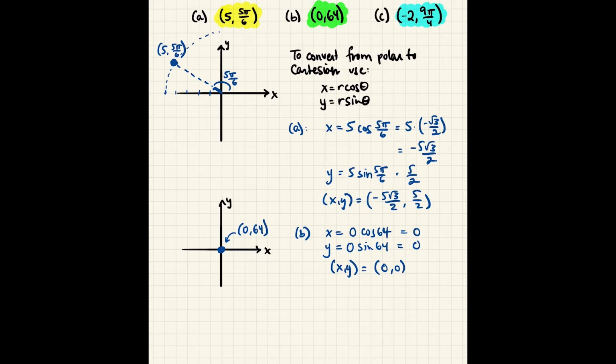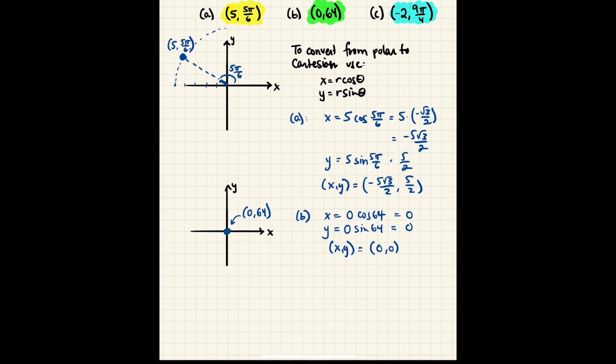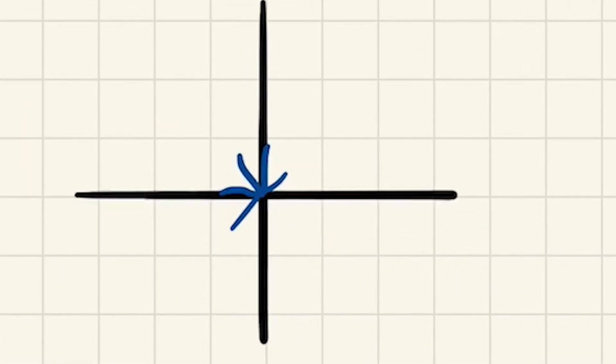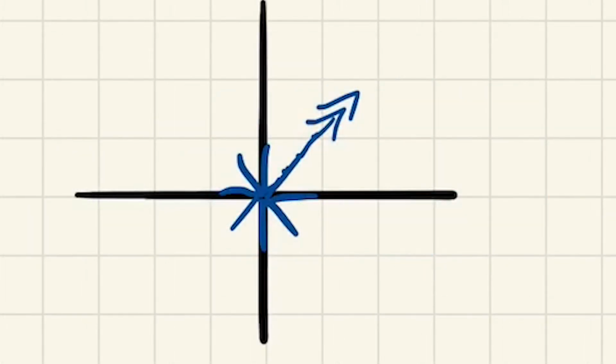All right, and finally, the last point is negative 2 comma 9 pi over 4. So 9 pi over 4 is, there's pi over 4, 2 pi over 4, 3 pi over 4, 4 pi over 4, 5, 6, 7, 8, and 9 pi over 4. So we're pointed in this direction, and we're all set to move the number of units that r is, except here r is equal to negative 2, which means we're moving 2 units out.